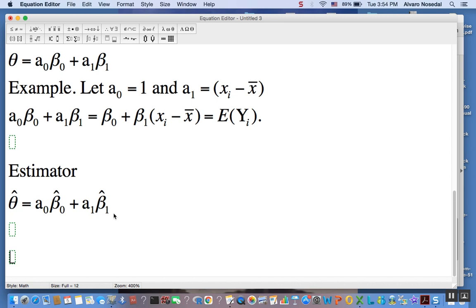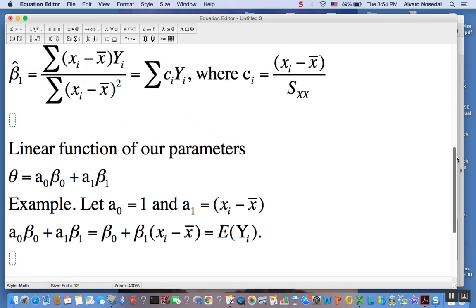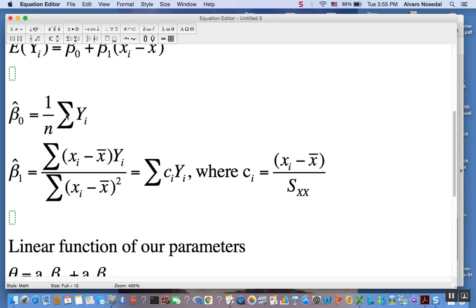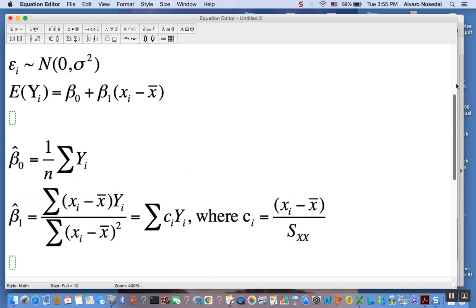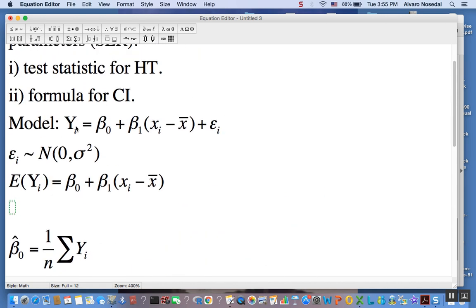As we already said, beta hat 0 and beta hat 1 are linear combinations of the y's, and the y's have a normal distribution because of our assumptions about the error terms, the epsilons.